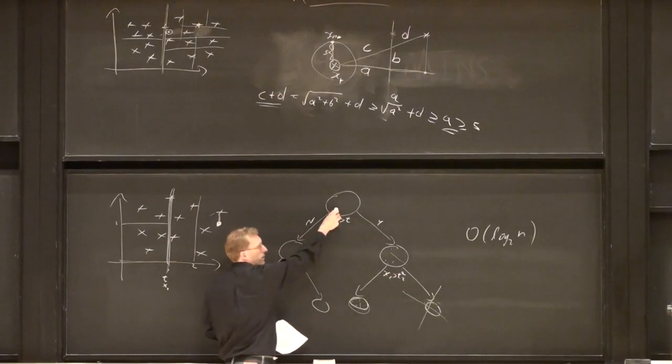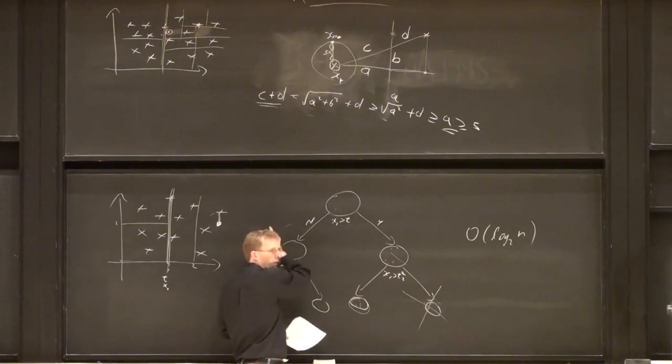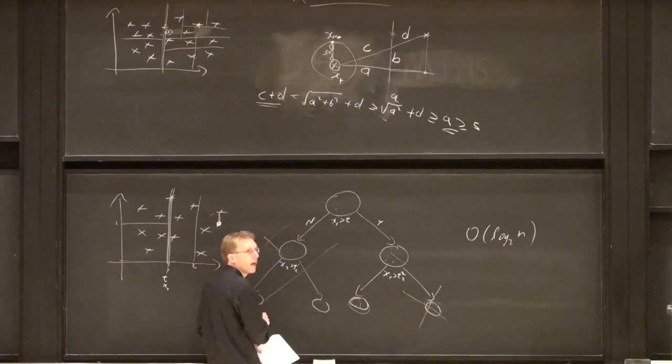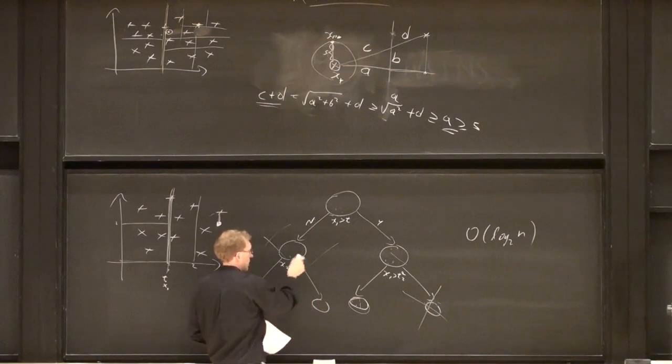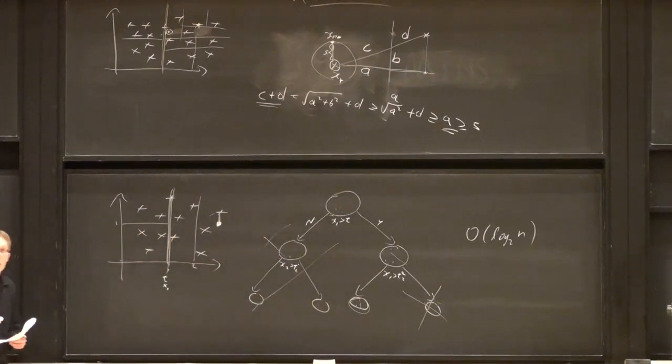Then I go one up, and again I have a whole subtree that I haven't looked at yet. Once again, I check whether these points are further away than my current nearest neighbor. If so, I just prune the entire subtree. If not, then I go down here and run the algorithm over and over again. Any questions about the algorithm?